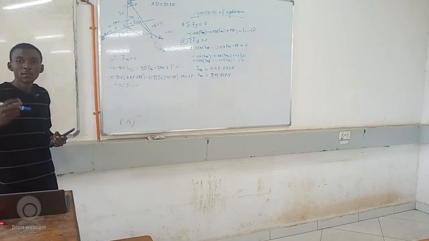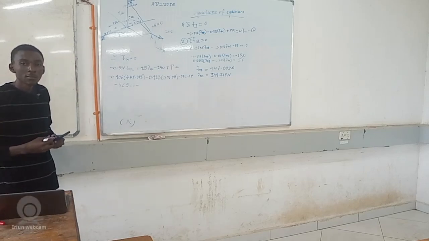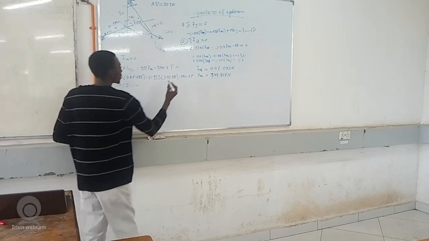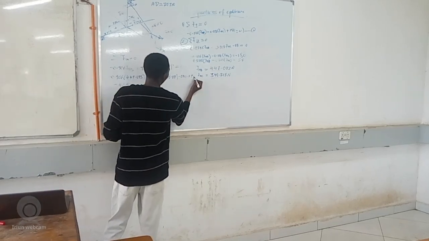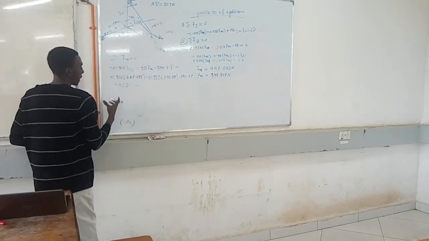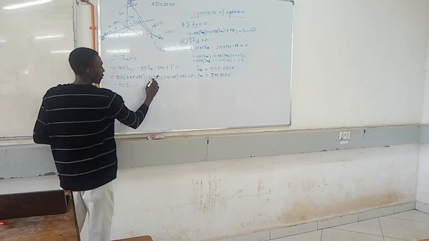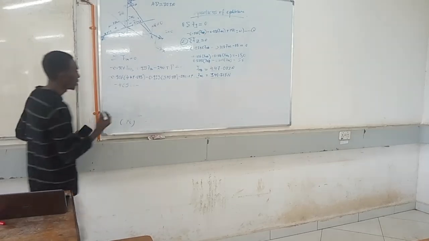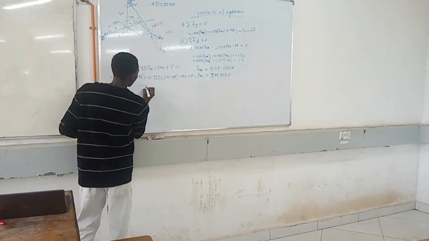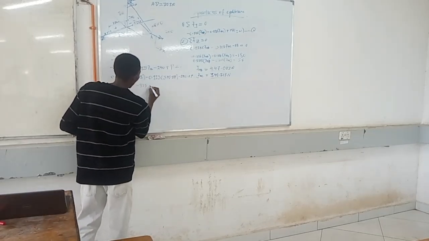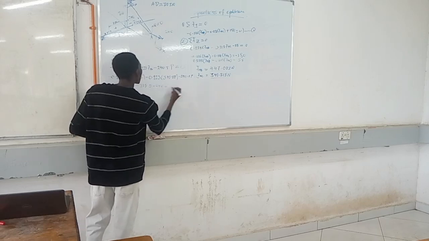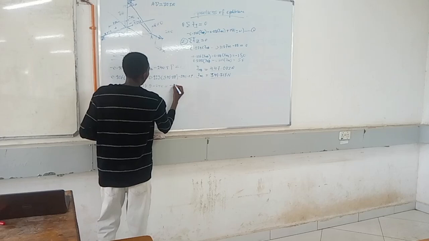Equation of equilibrium is supposed to equate to 0. What is 0.923 multiplied with that one? Negative 315.5. Minus 240 is equal to, taking it to the other side, negative P.